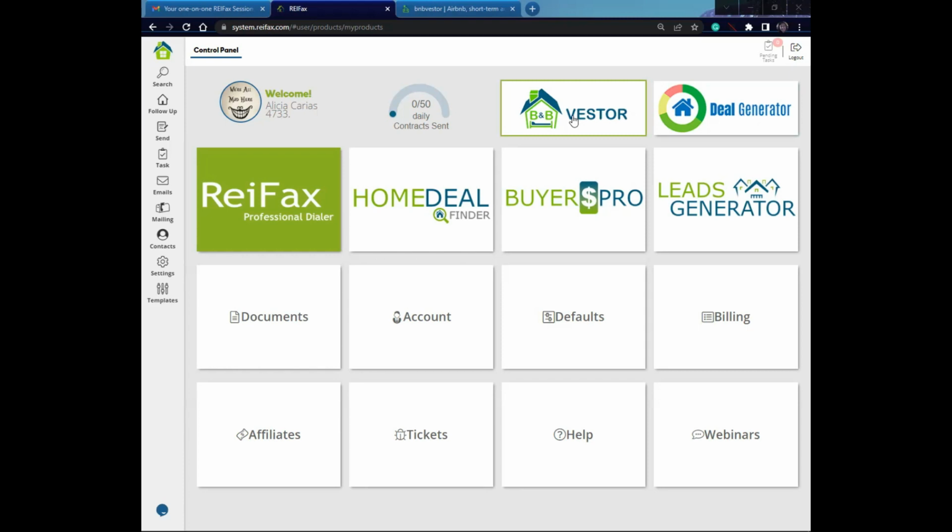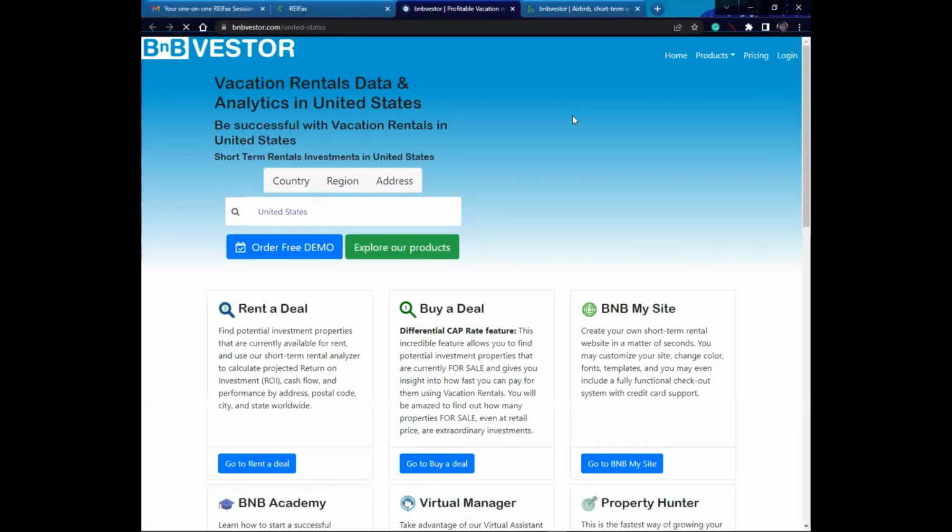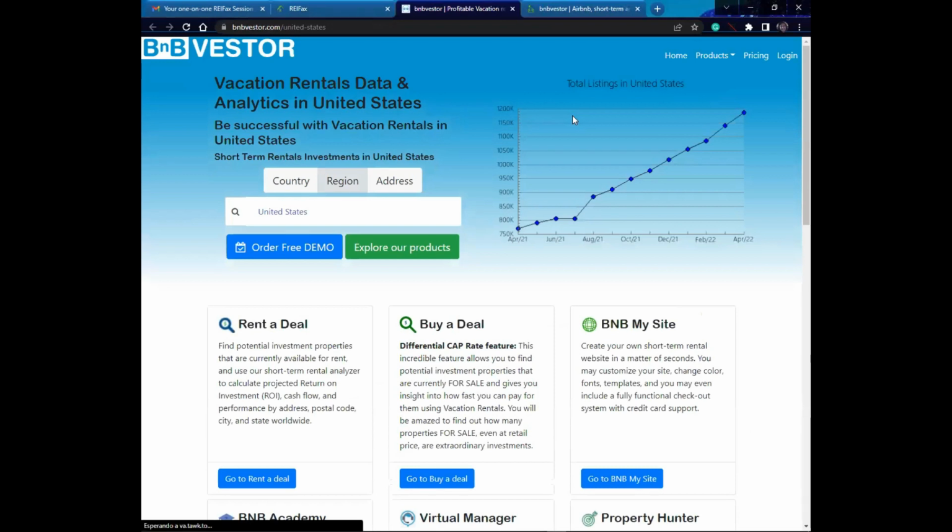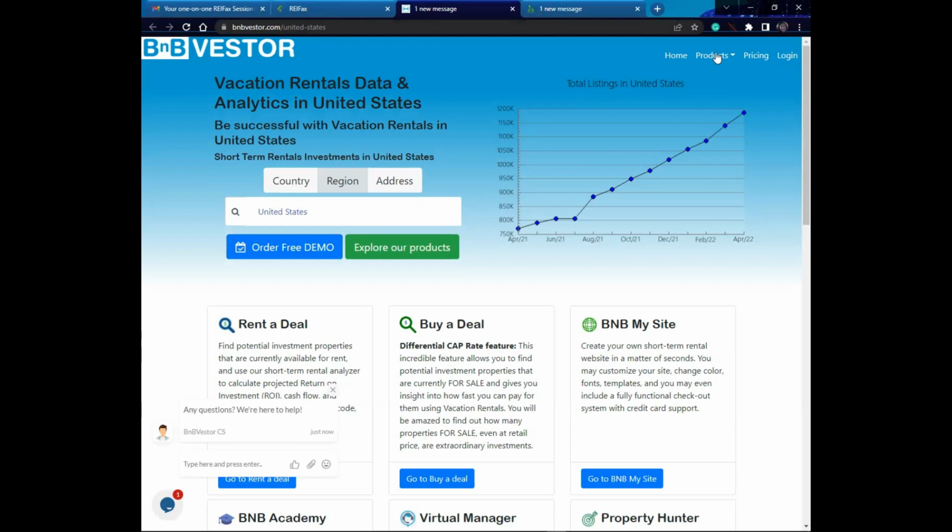To log into BnBvestor, all you have to do is click on this tile, and that will take you to that site. You can open ReFX and come here, and of course you do have to log in, or open a browser, type in bnbvestor.com, and it will take you to the same place.